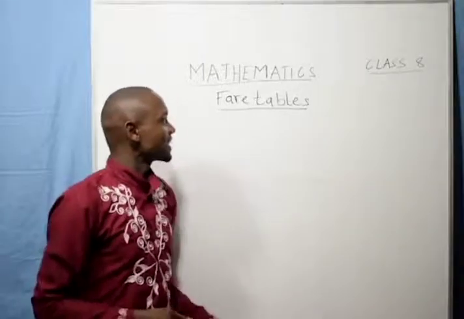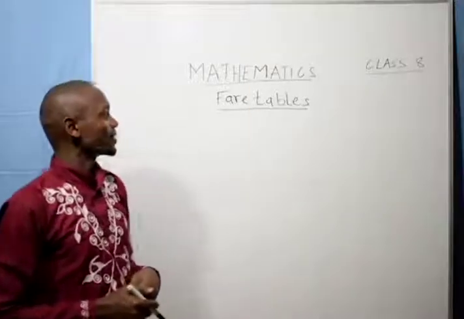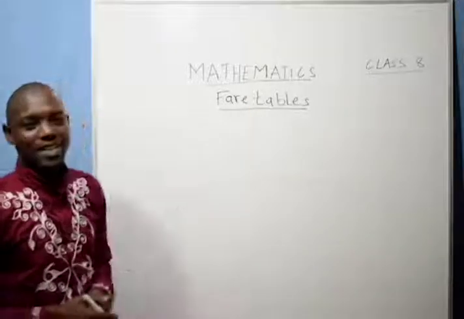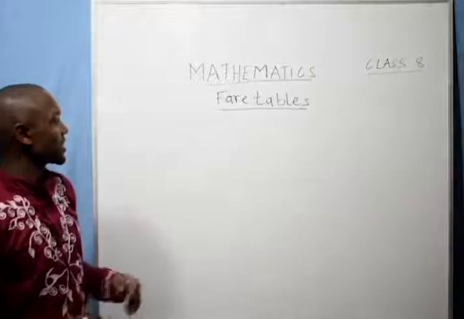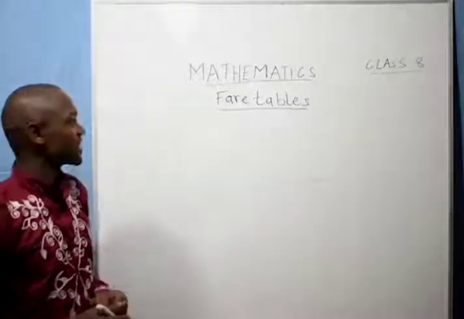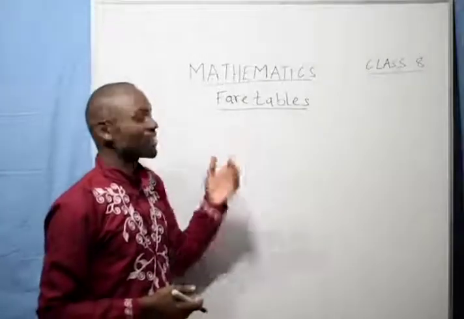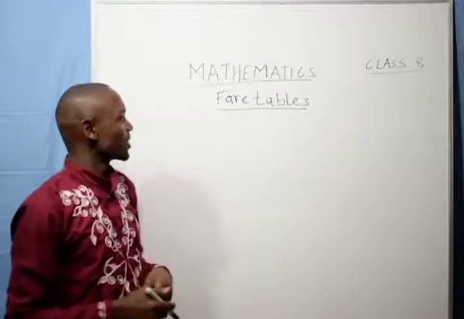Fare tables are tables which show the amount of money that is to be paid when traveling between different stations. Mostly, you are going to find these fare tables in booking offices, or others are found in the vehicles that you are traveling in.